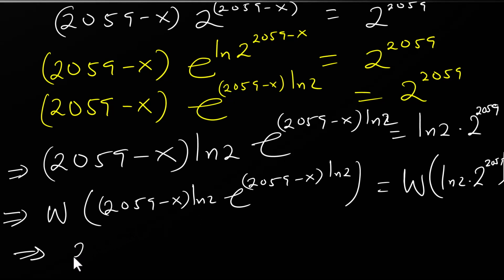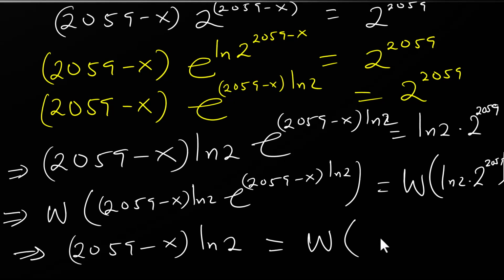So we have 2059 minus x ln of 2 equals W function of, now let me adjust this.